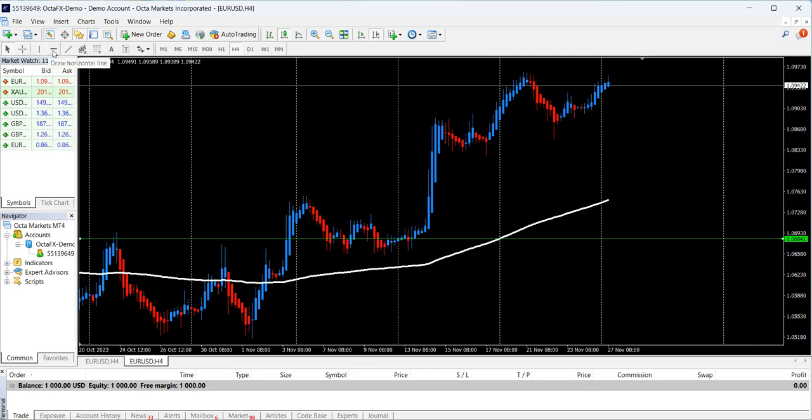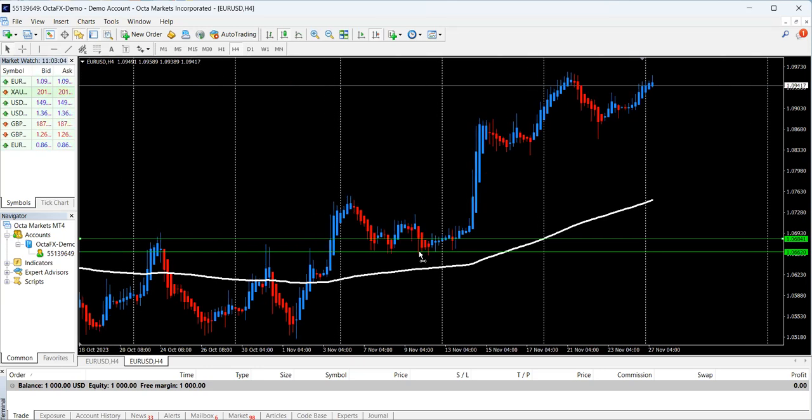Where am I going to put my stop loss? I will put my stop loss here: the lower wick of the last red candle. All right, I'll put my stop loss there.